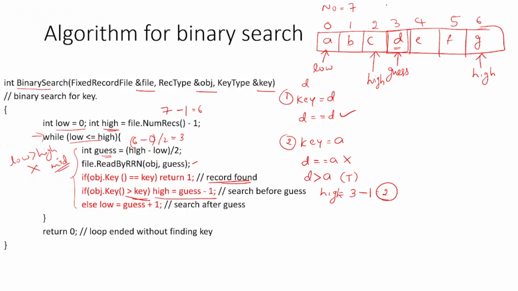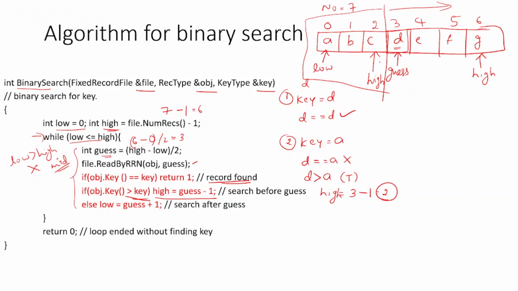So we are just neglecting this whole part. We are not going to consider all these things. Now our file is only this much. This is our new file with only this data. So this is the concept of binary search.